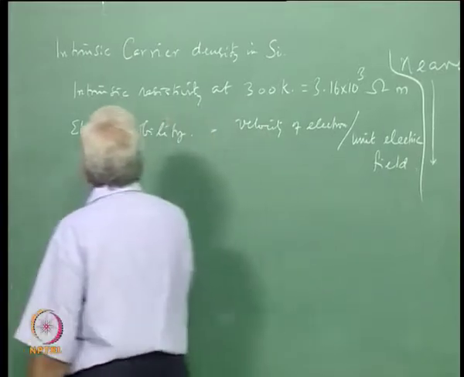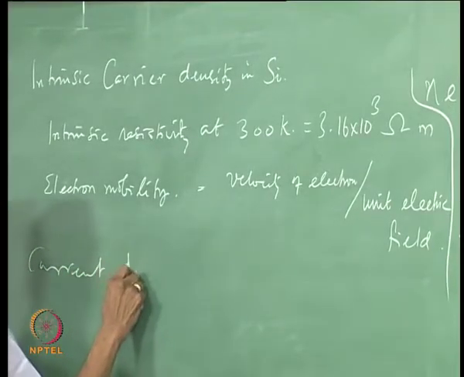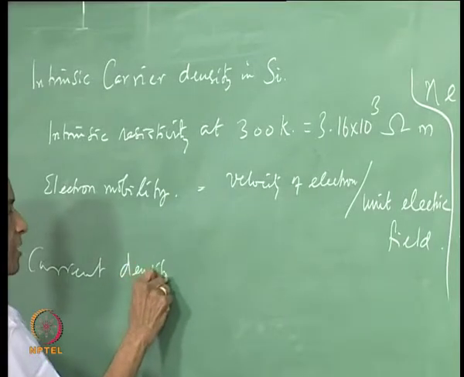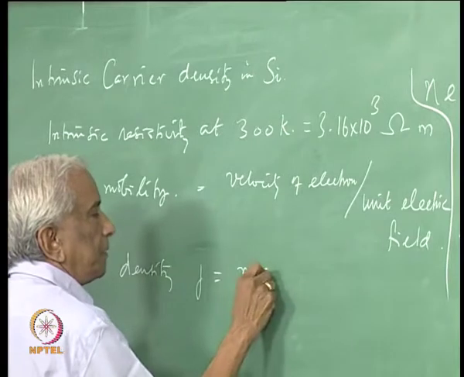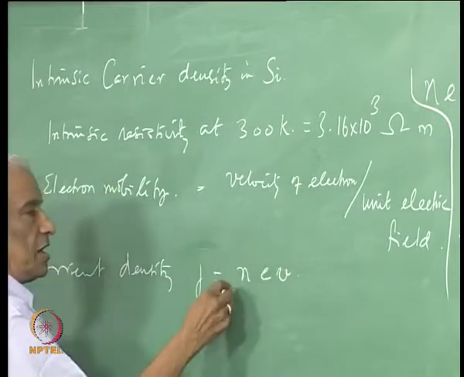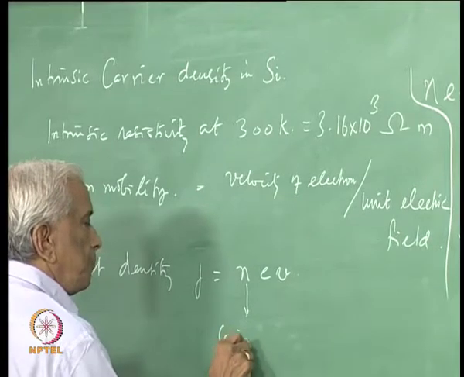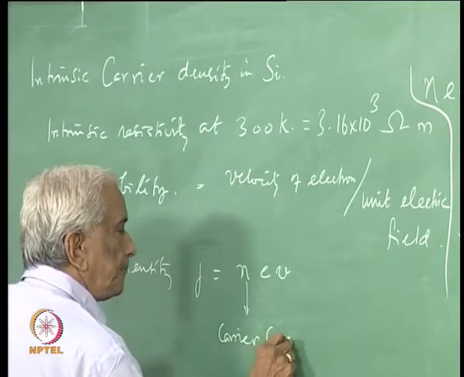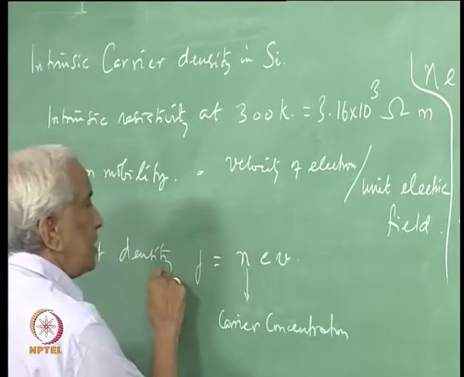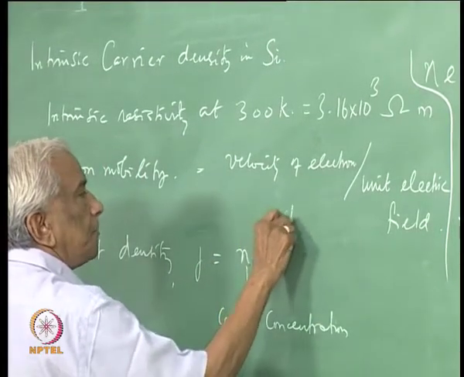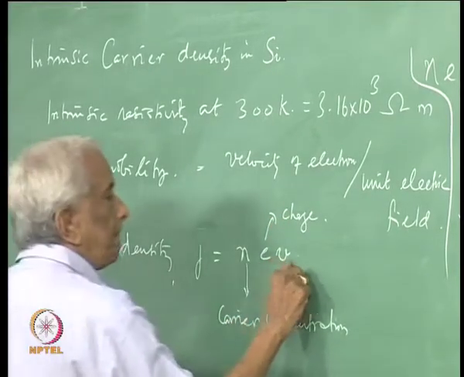We all know that the current density is in general given as J is N e V, where N is the carrier concentration, e is the electronic charge, and V is the velocity.